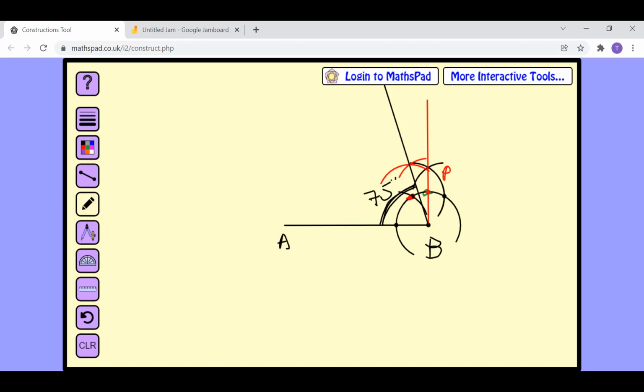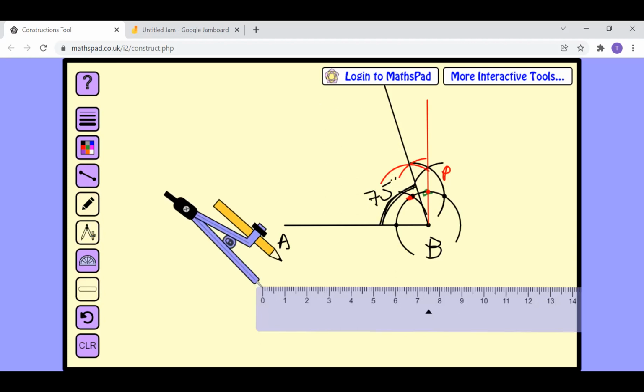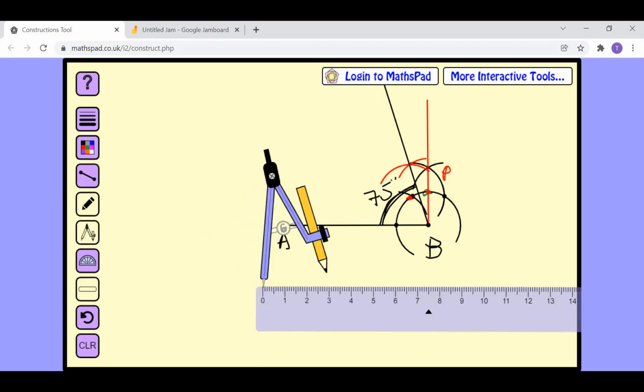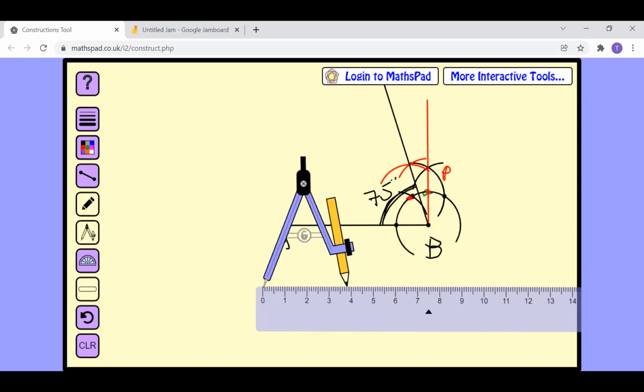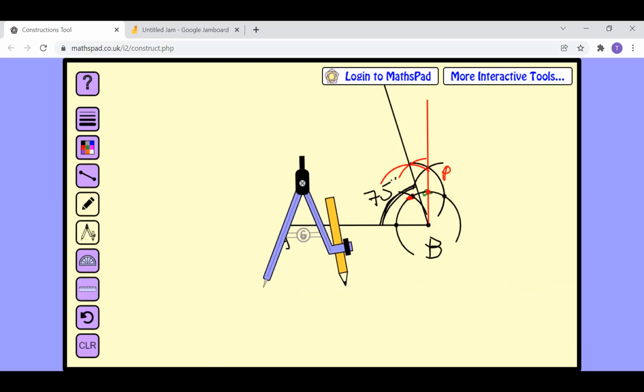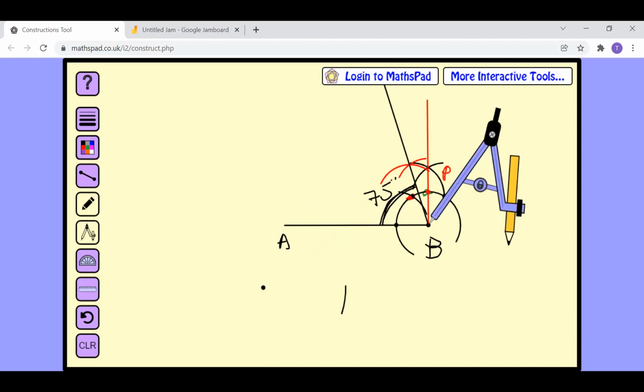I'll take my scale, take the compass and put it at the 0 mark. Open my compass to how much? 3.7 centimeters. And then I can remove this, lock it and put it here.